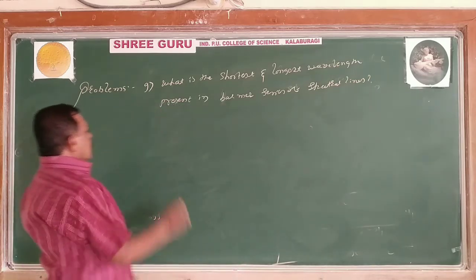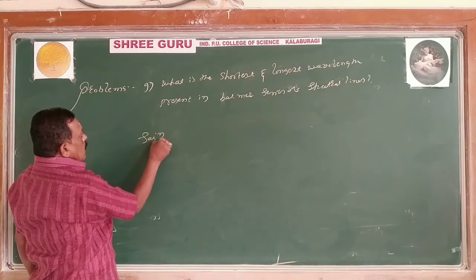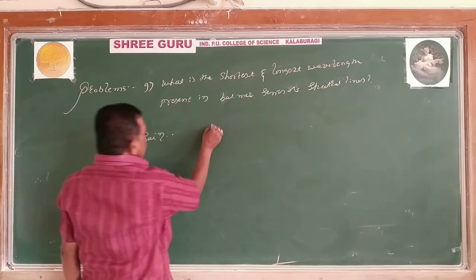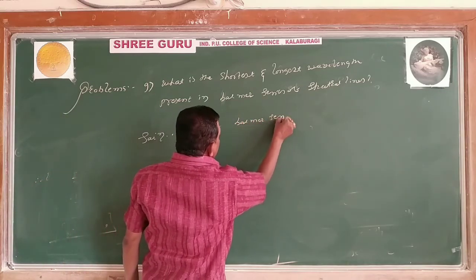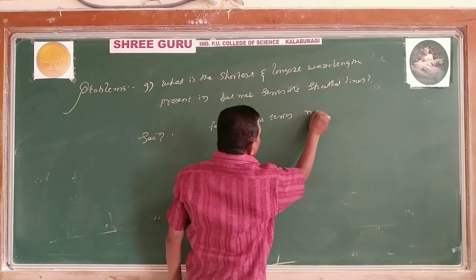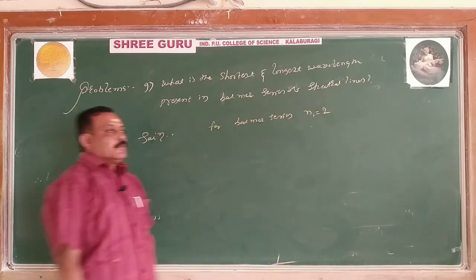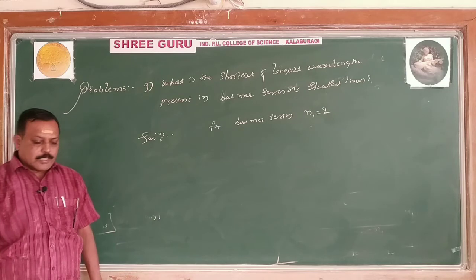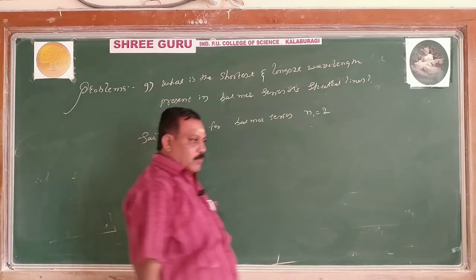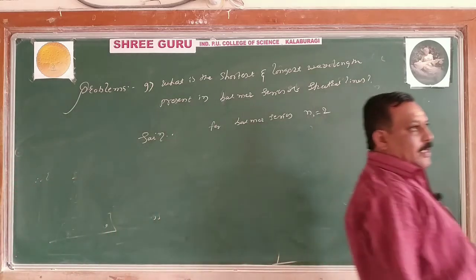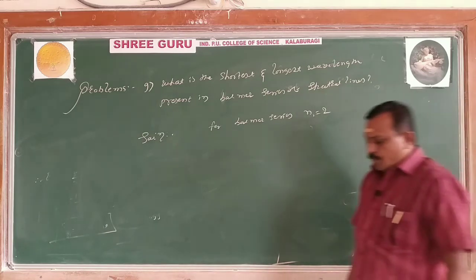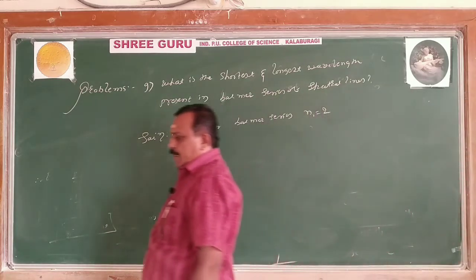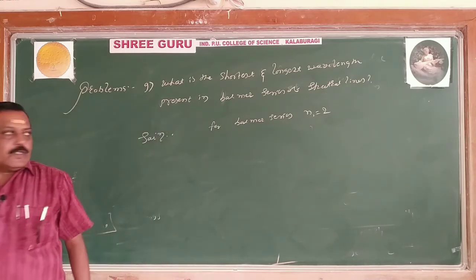See which one it is. For the Balmer series, n1 equals 2. n1 equals 1 is the Lyman series, n1 equals 2 is the Balmer series, n1 equals 3 is the Paschen series, n1 equals 4 is the Brackett series, n1 equals 5 is the Pfund series.